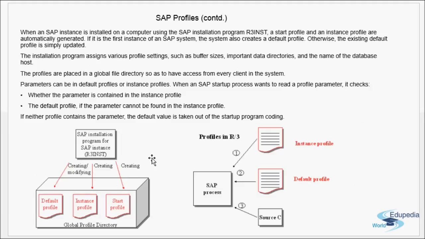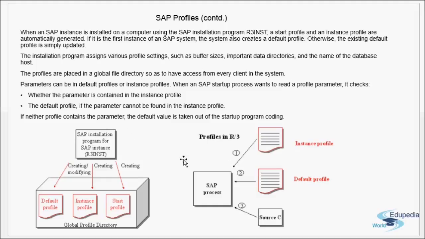Next, we learned that for any parameter, it first checks in the instance profile, then it checks in the default profile. If both these profiles do not have the parameter, then the default value which SAP has defined is used.